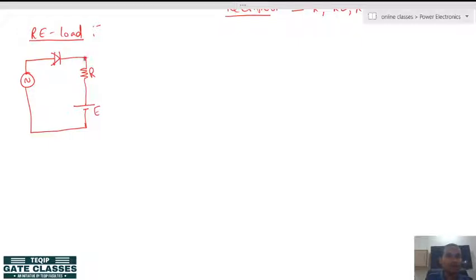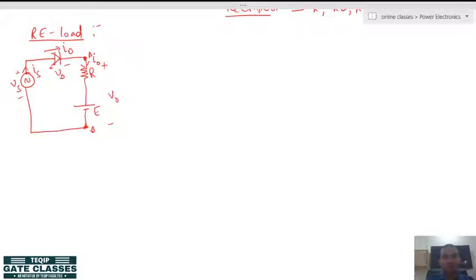Again, we are taking output voltage at terminals A and B, that is V naught reference, and reference output current is I naught. This is source voltage reference, source current reference, diode voltage reference, and diode current reference.